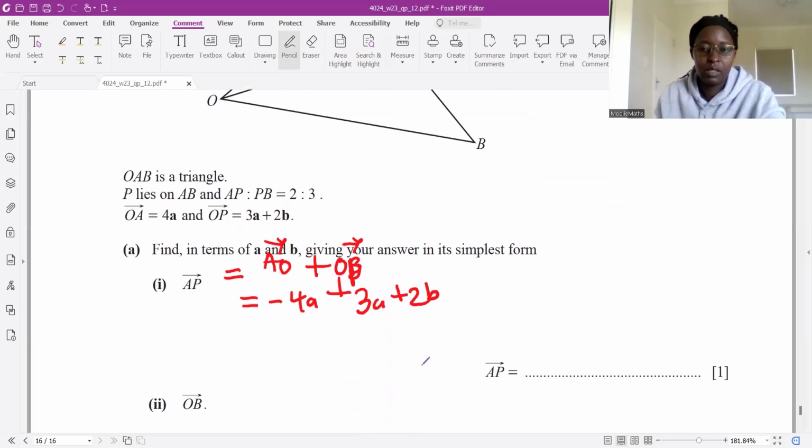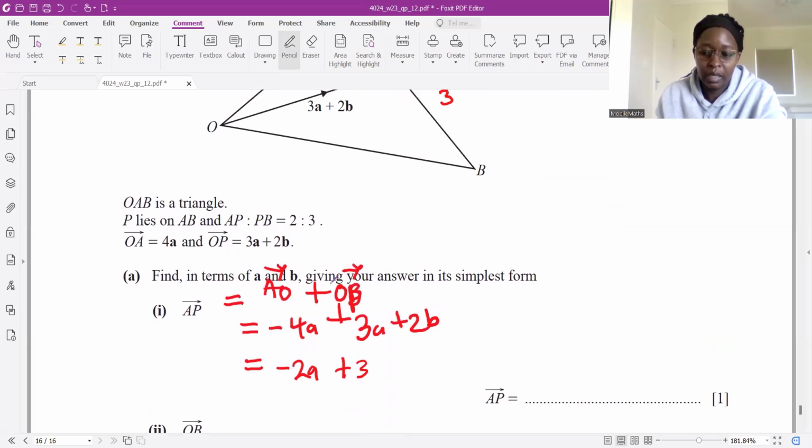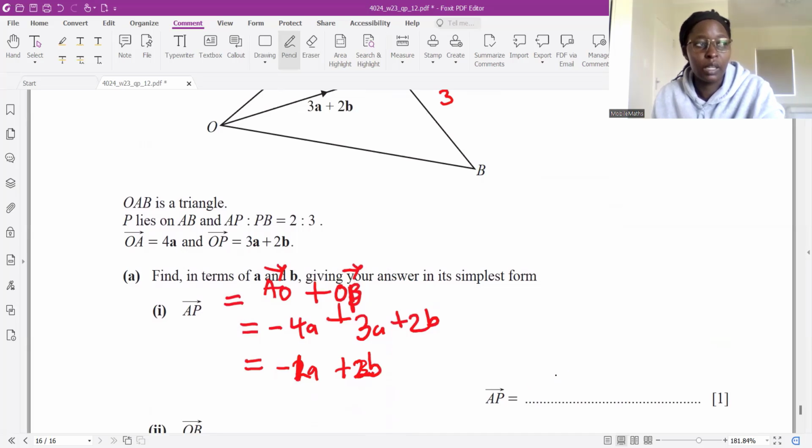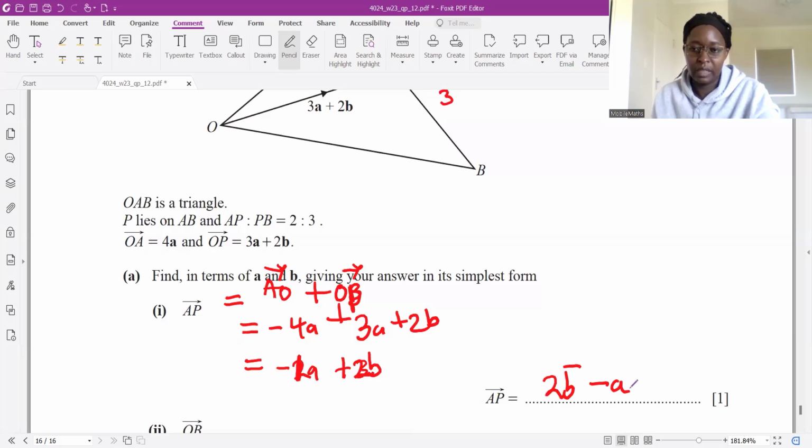So let's simplify. The 2's, they are going to give us a minus 2A here, then plus 3, oh, no. It's a minus A, actually. It's a minus 1A here, then plus a 2B. Okay, so our answer, we can write it as 2B minus A, like that.